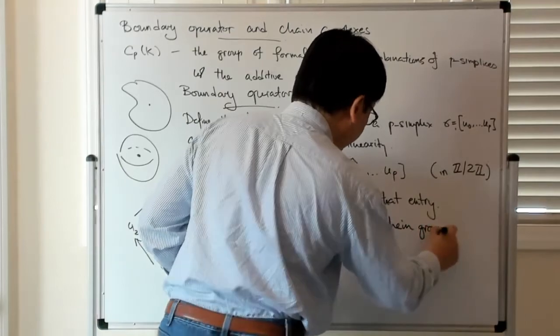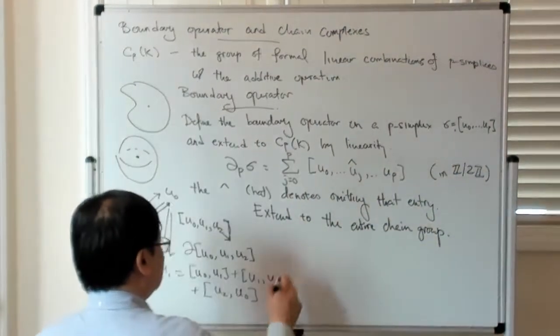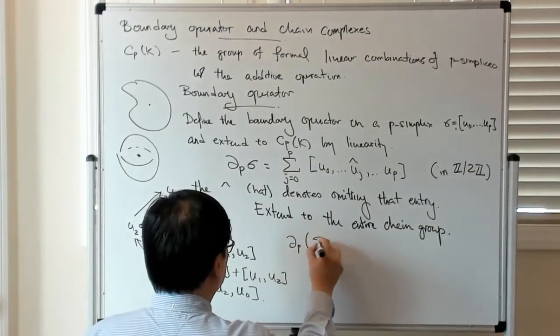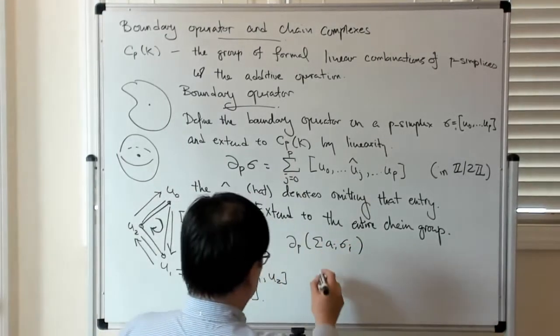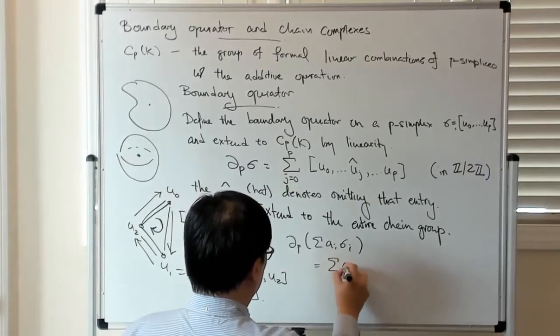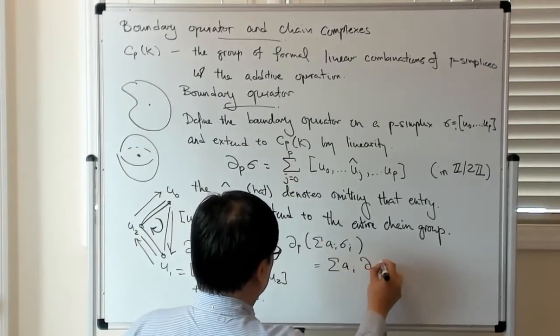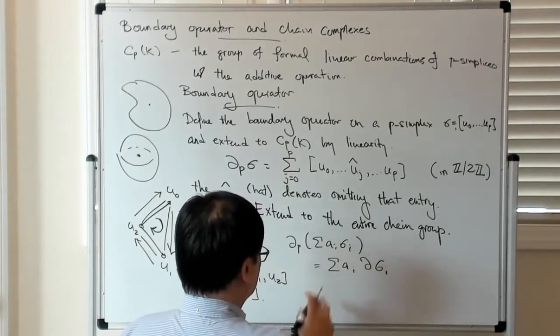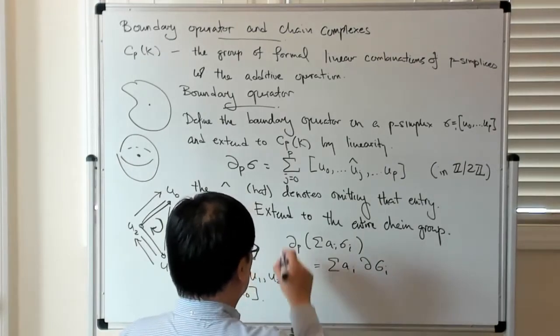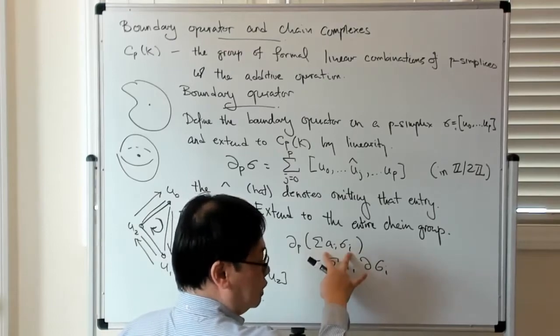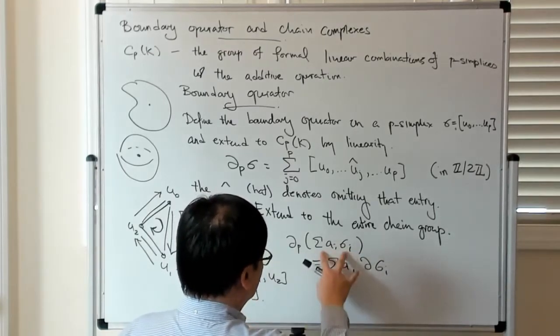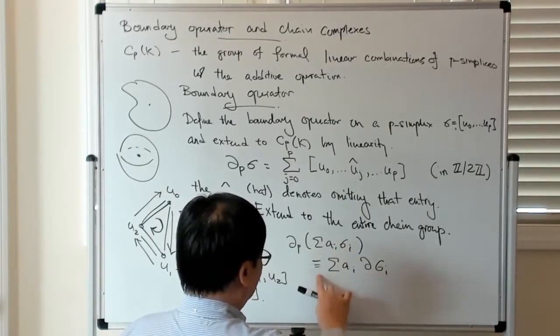All I'm basically saying is that the boundary of some linear combination of a_i sigma_i is equal to the linear combination of the boundaries. So this becomes, in some sense, the definition of the boundary acting on a chain, by having that be true.